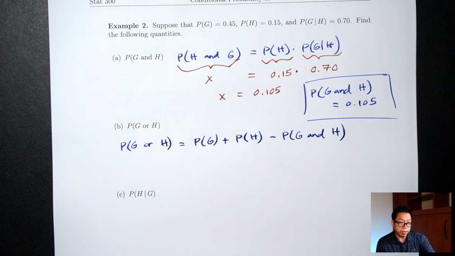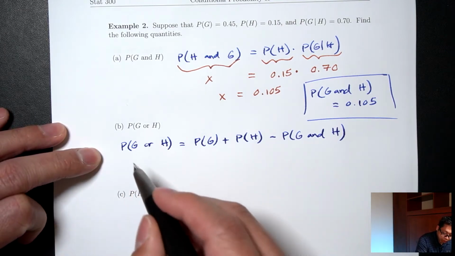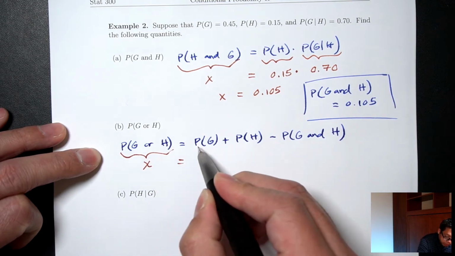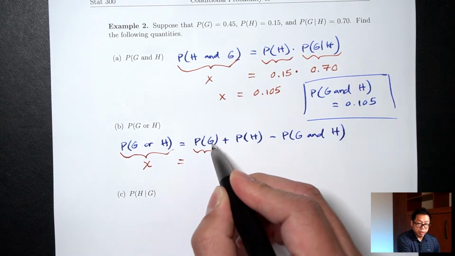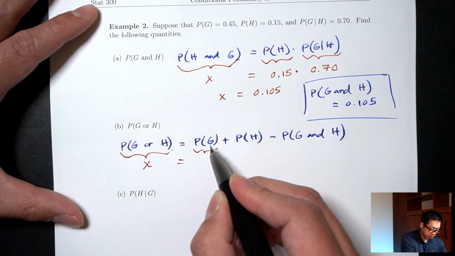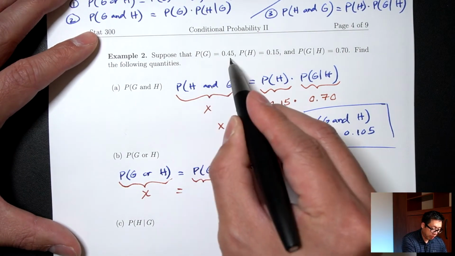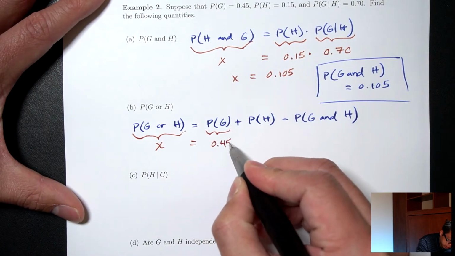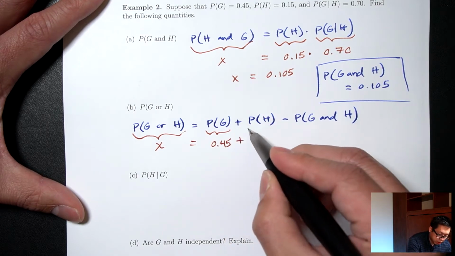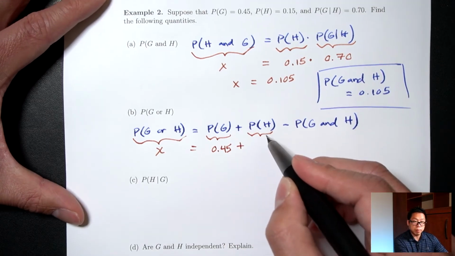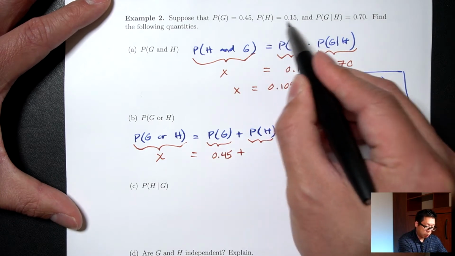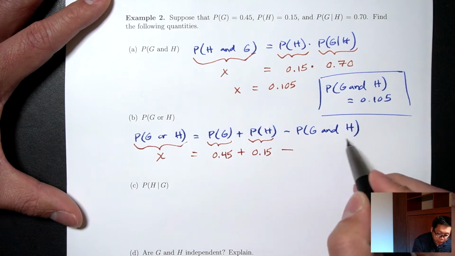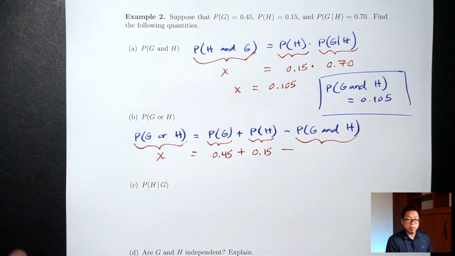Okay, go through, fill stuff in. Probability G or H, that's actually exactly what I'm looking for. Let me call that X. I have an equals right here. P of G, probability of G. Do I know that? I do. I know it's 0.45. So that entire thing is 0.45 plus probability of H. What's the probability of H? 0.15, so that entire thing is 0.15 minus probability of G and H. What's the probability of G and H?